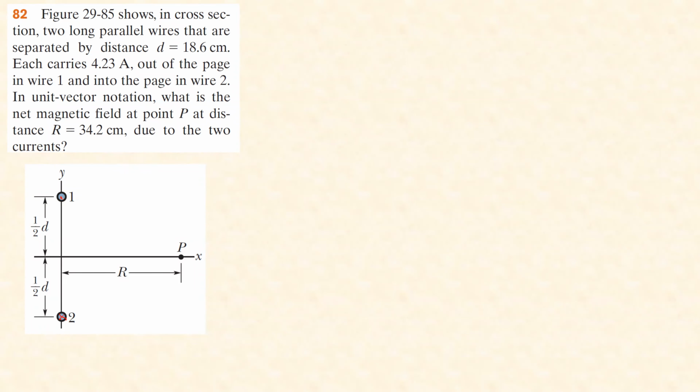All right, so again, you see, we have 2 currents, long straight wires. The formula is mu naught I over 2 pi R for each one. R is the perpendicular distance, which is the same for both of them, which you can find from the Pythagorean theorem. All right, so what is the direction? The direction of magnetic field of 1, we call it B1, is perpendicular to this radial direction.